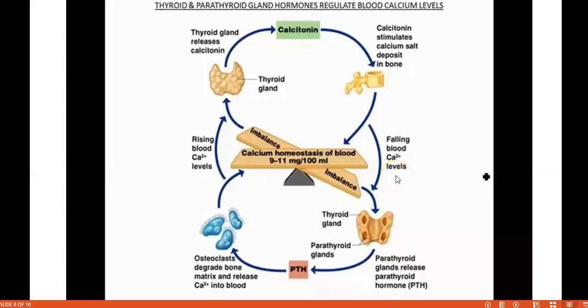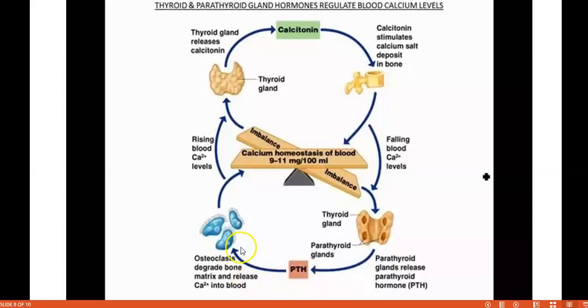But due to some reason, if the blood calcium level falls, this is an imbalance of calcium. Due to this, the parathyroid gland releases the parathyroid hormone. Shortly, we can call this PTH.